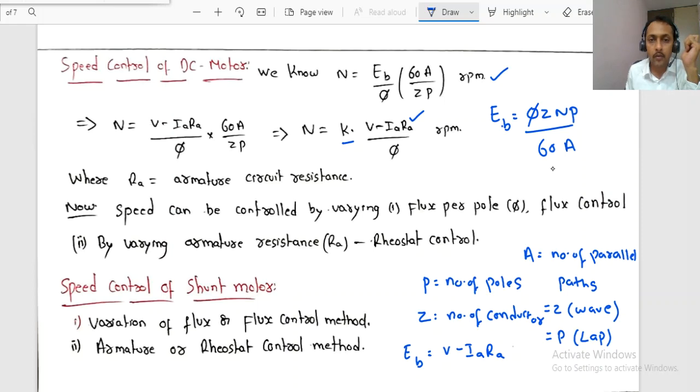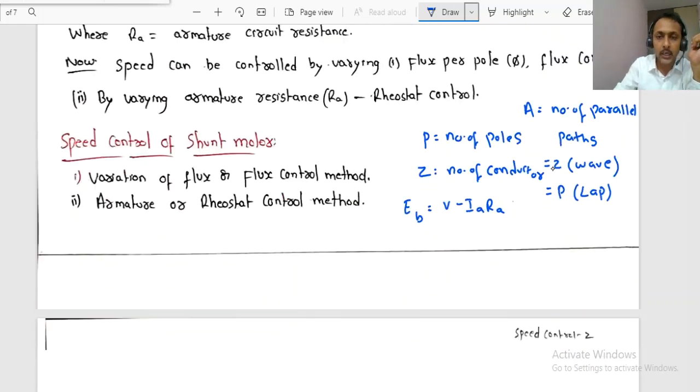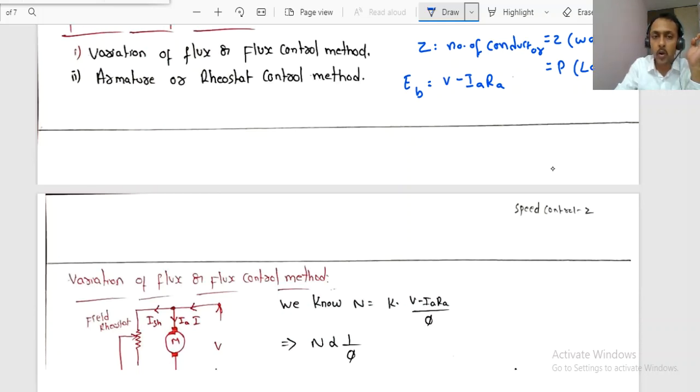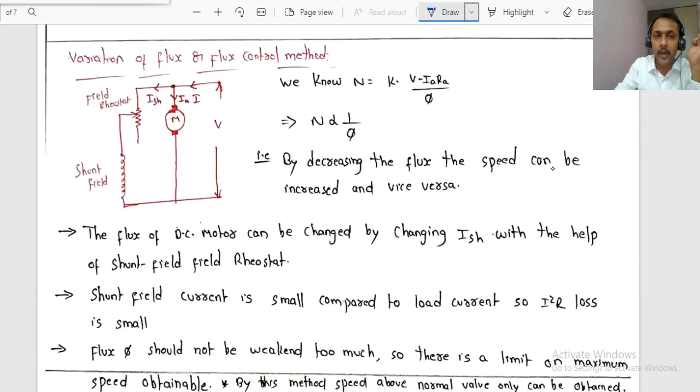So by varying the flux per pole or by varying the armature resistance, we can control the speed of the DC motor. Coming to its classification: variation of flux or flux control method, or by varying the resistance, the armature or rheostat control method. Now let me discuss the variation of flux or flux control method.